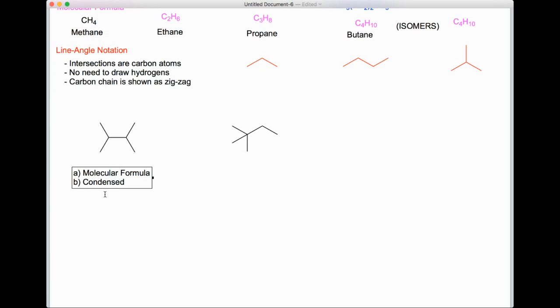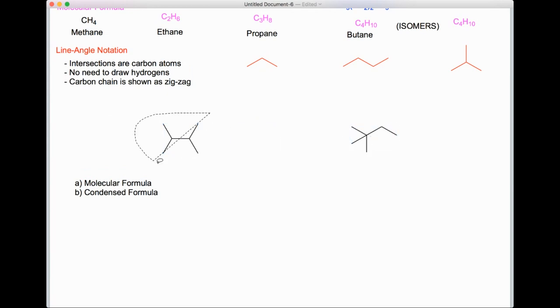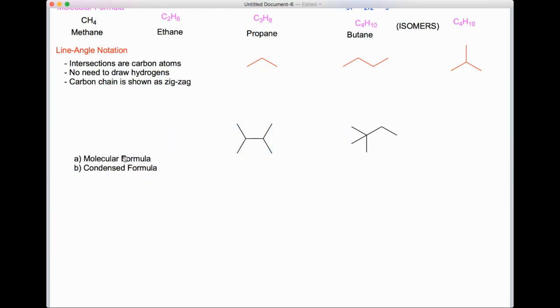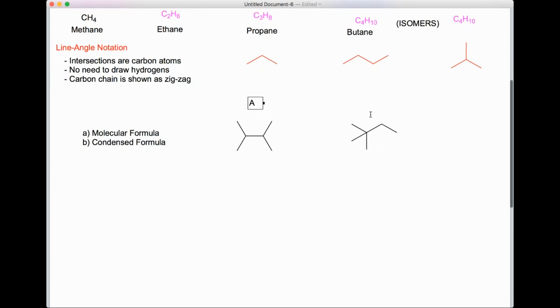B, condensed formula. So what is the molecular formula, I'm gonna call this molecule A, this is gonna be B. What's the molecular formula for molecule A?